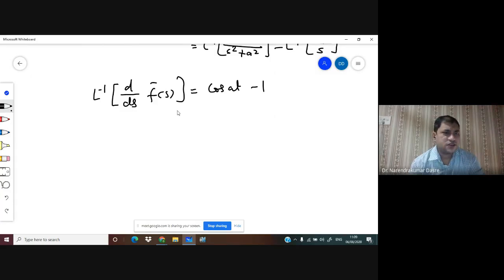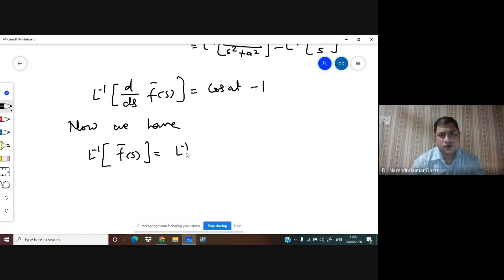So we have to consider the formula, and hence now we have inverse Laplace transform of f bar of s is equal to minus 1 by t Laplace inverse of d by ds of f bar of s.